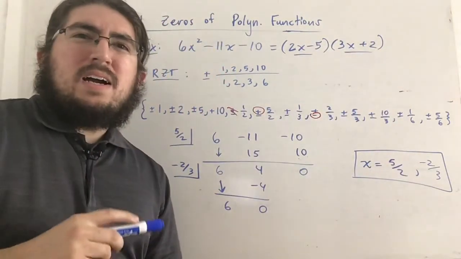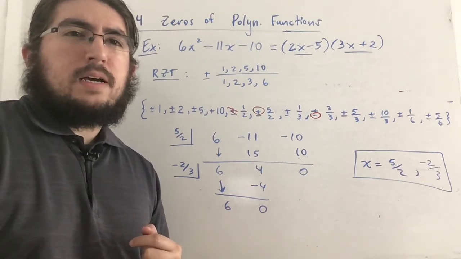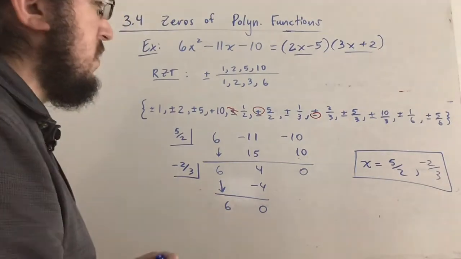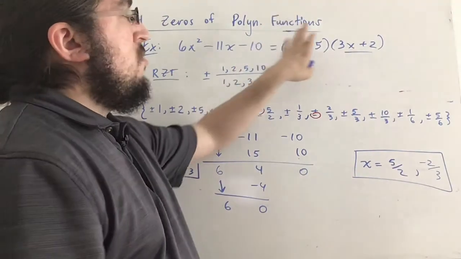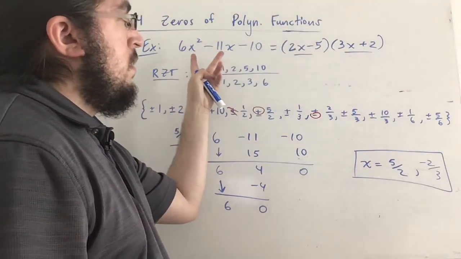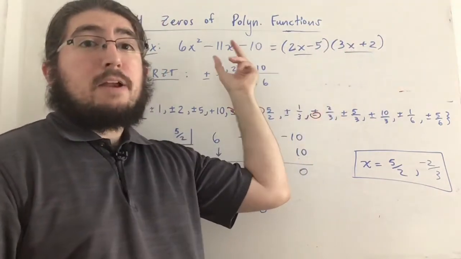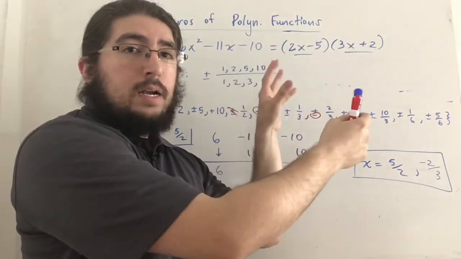Now, why does this help us understand the rational zeros test? Or at least, how does it help us understand the rational zeros test? Well, notice, if you factor a polynomial, or maybe a better way to think of it, if you FOIL this out to get back your polynomial, what must be true about your last numbers here?